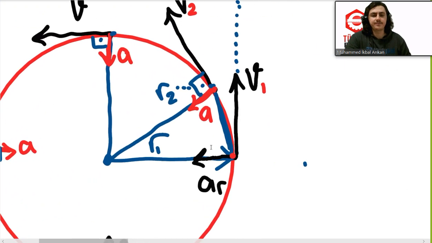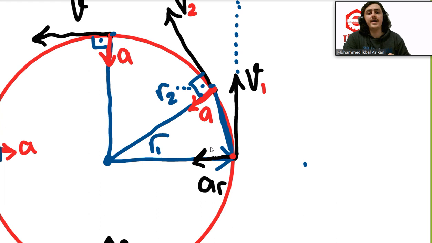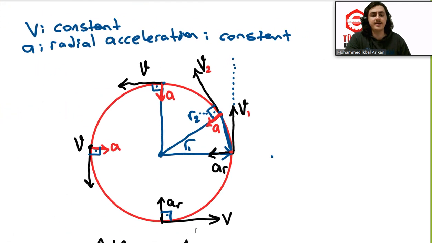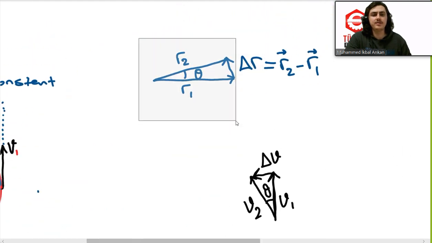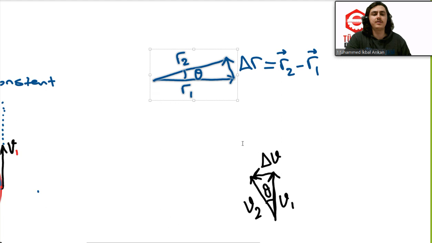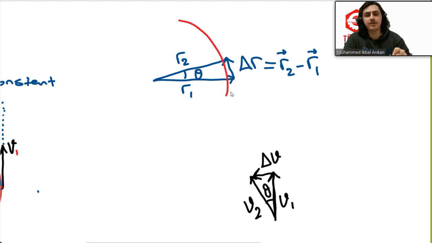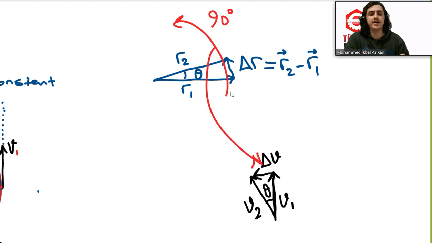As you see, the angle between R1 and velocity 1 is 90 degrees. And the angle between V2 and R2 is a similar one, which is 90 degrees. So you can say that when you rotate this triangle in this direction by 90 degrees, you will get this triangle.